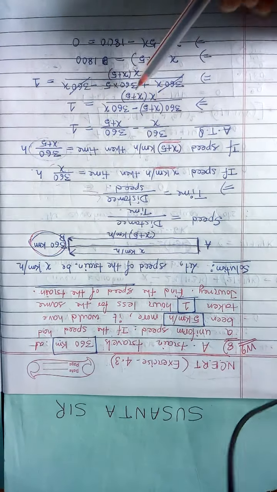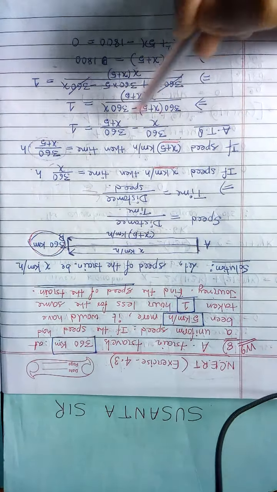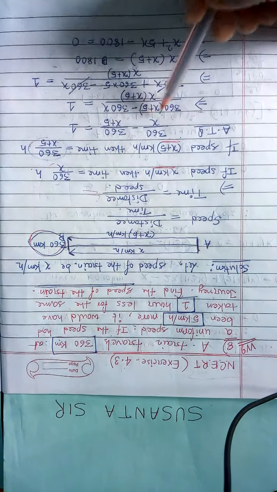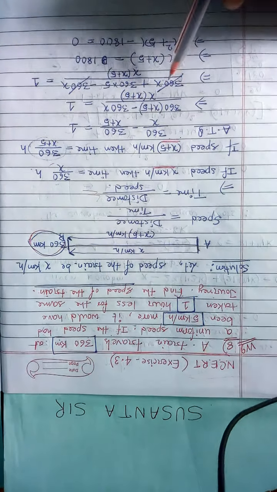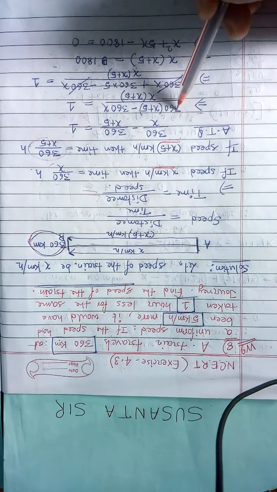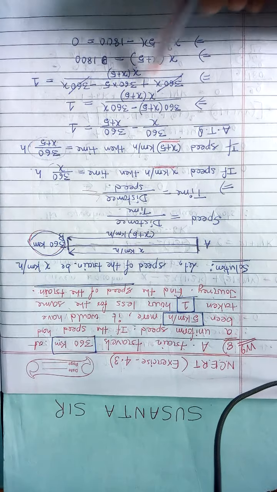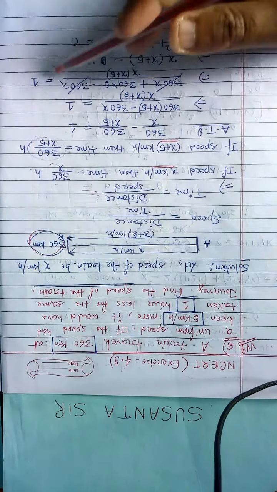Now you have to do the simplification. How to do simplification? Take LCM, x into x plus 5. Now 360 into x plus 5 minus 360 into x, that is 360x plus 360 into 5 minus 360x, divided by x into x plus 5, equal to 1.